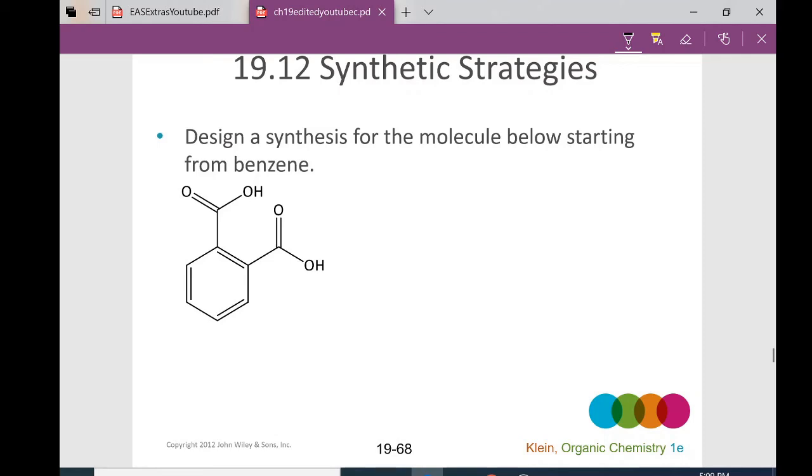It's not going to go ortho. And another thing, generally when you put the first group on, if you've got an ortho-para director, the incoming group is going to go para instead of ortho if it takes up a lot of space. So to get a good yield for this product, we're probably going to need to use a blocking group, okay?